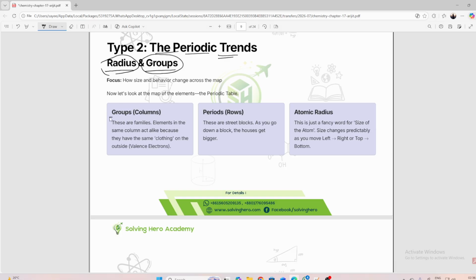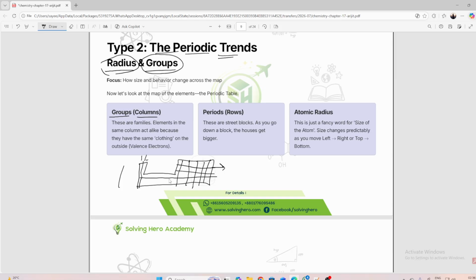So what is a group? We all know about the periodic table, right? A periodic table looks like that. Here this type of straight column is available, right? We know that there are 18 columns. How many? 18 columns. And there are rows also available.